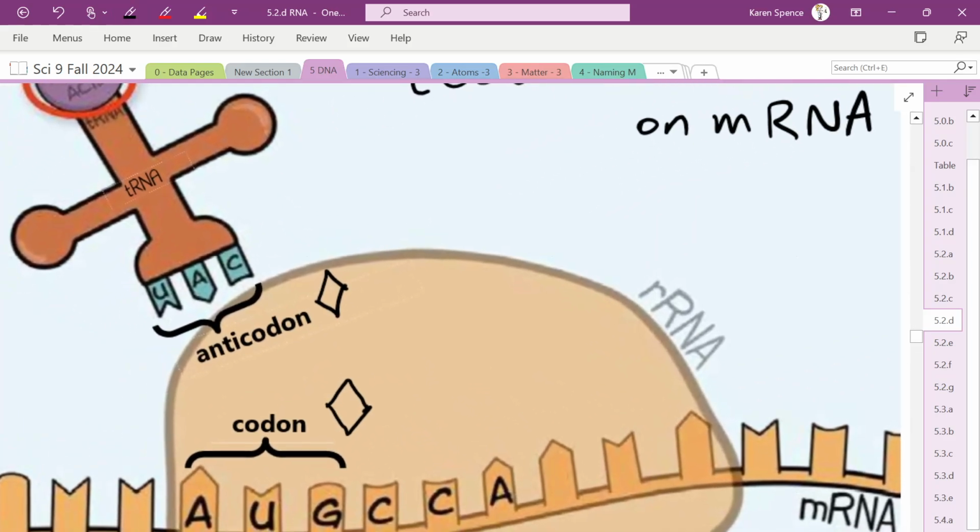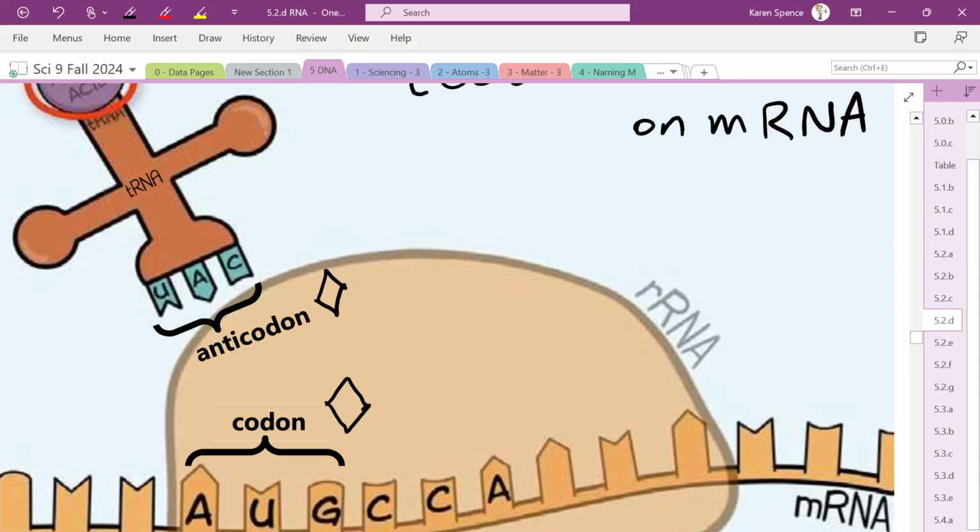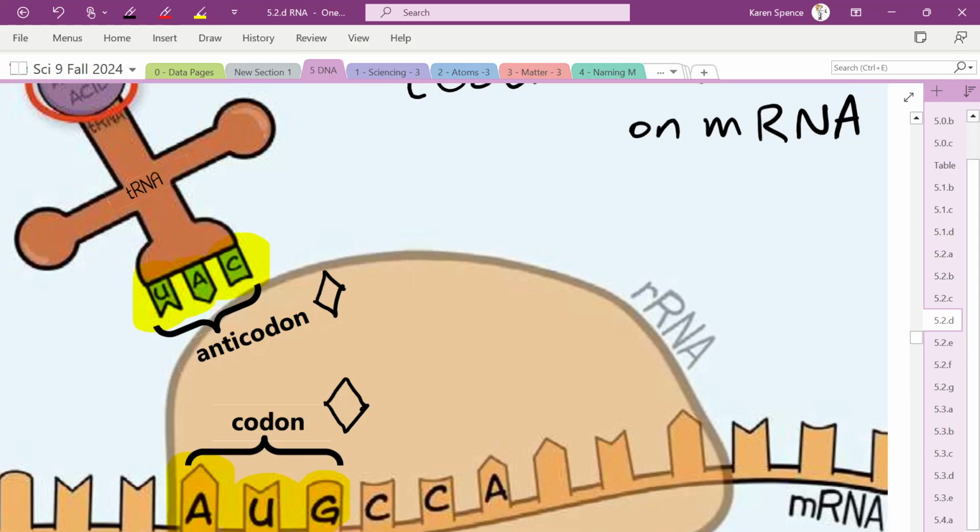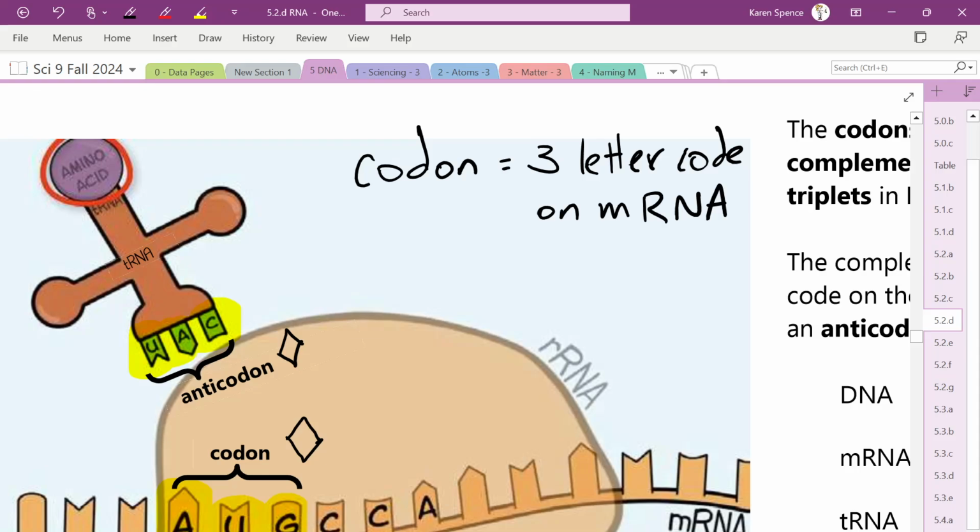Do you notice that the anticodon is complementary to the codon? We have A goes with U, U goes with A, and G goes with C. And that little code will tell you to pick the correct amino acid.